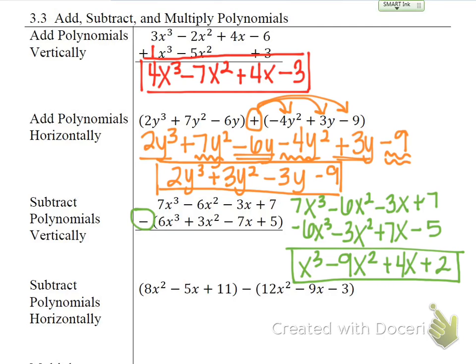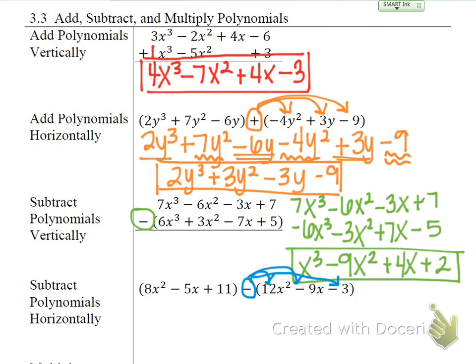So let's look at what happens when we subtract horizontally. The second example is 8x squared minus 5x plus 11, and then I'm subtracting the quantity 12x squared minus 9x minus 3. Similarly to how we did adding polynomials horizontally, we have to distribute that negative. Now in this case, distributing a negative does change the signs.